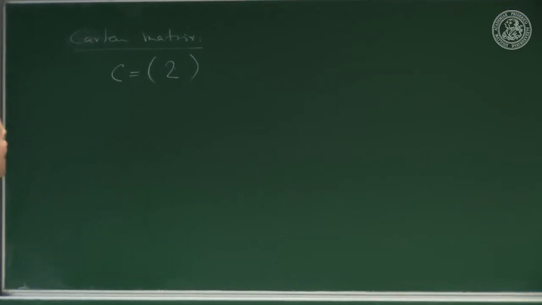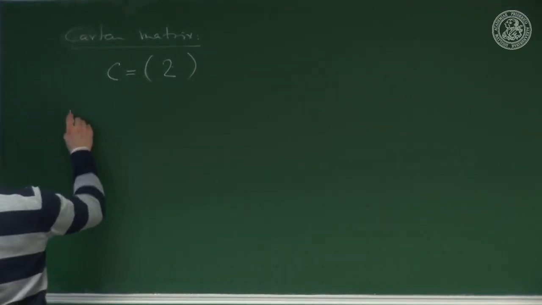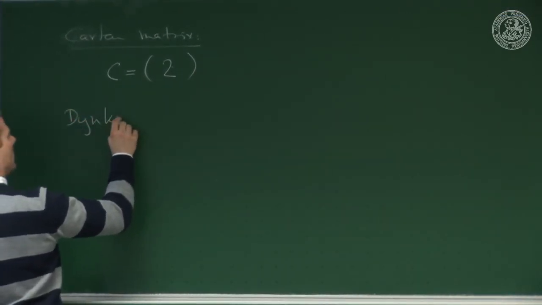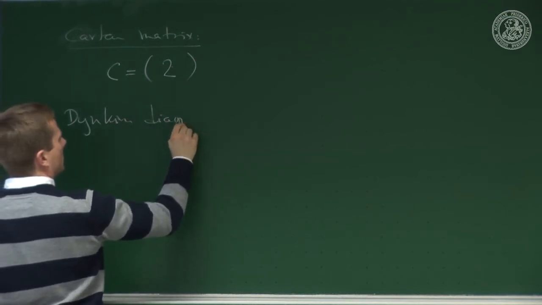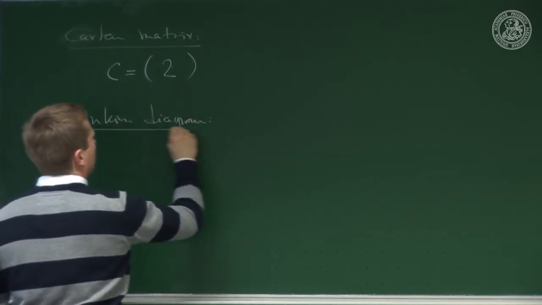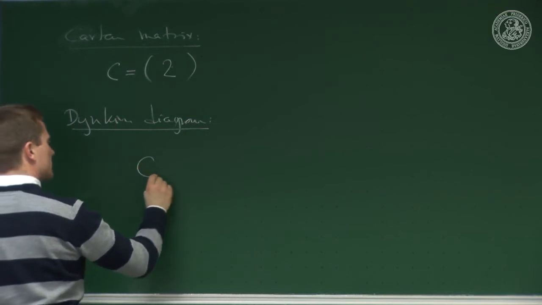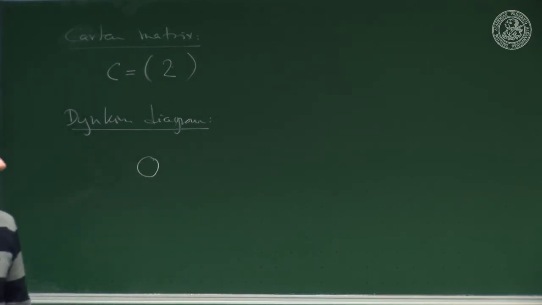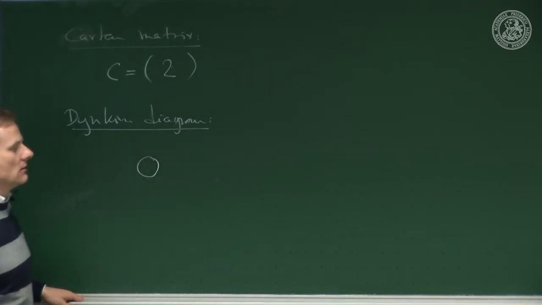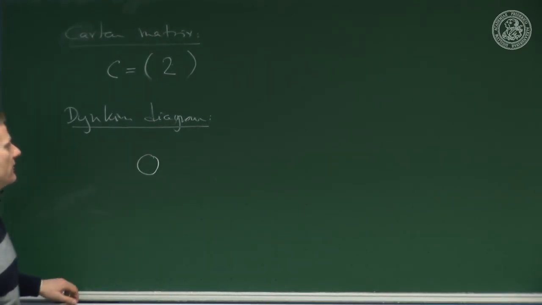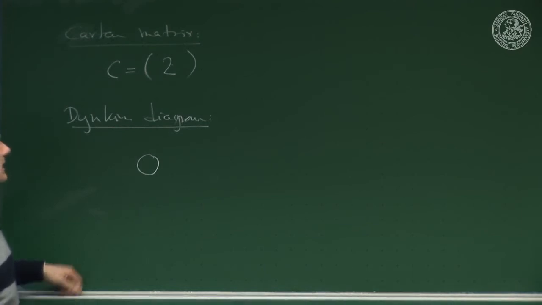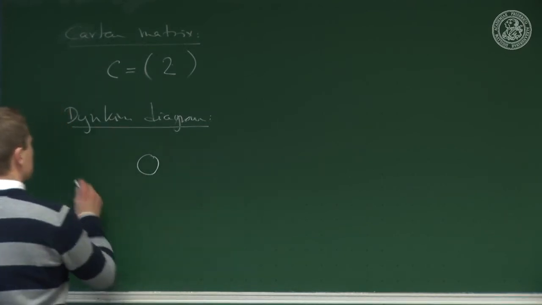So that's where it pays off that we check this. And the Dynkin diagram is also particularly simple. The Dynkin diagram we have here is, of course, just a circle, because the Dynkin rules instruct us to draw a little circle for every fundamental root. Well, the fundamental root space is just one element. That's the Dynkin diagram.